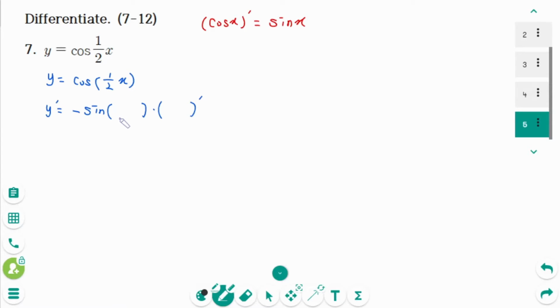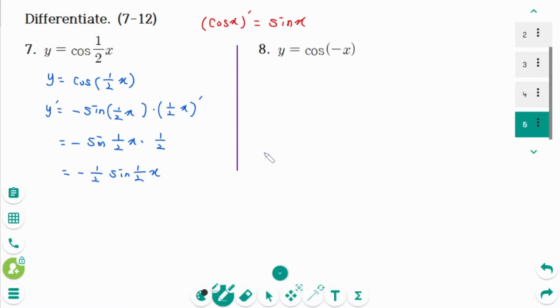The inner function is 1 over 2x. So minus sine 1 over 2x times 1 over 2x prime, which equals just 1 over 2. Final answer is minus 1 over 2 sine 1 over 2x.